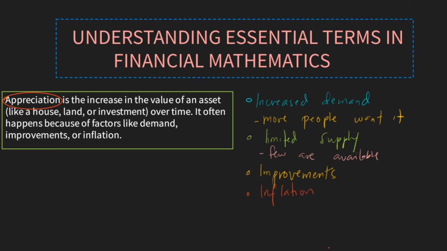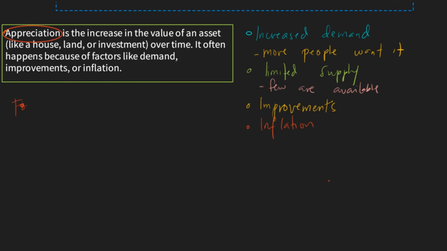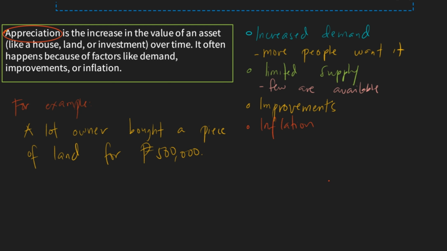So let's have an example. A lot owner bought a piece of land for 500,000 pesos.